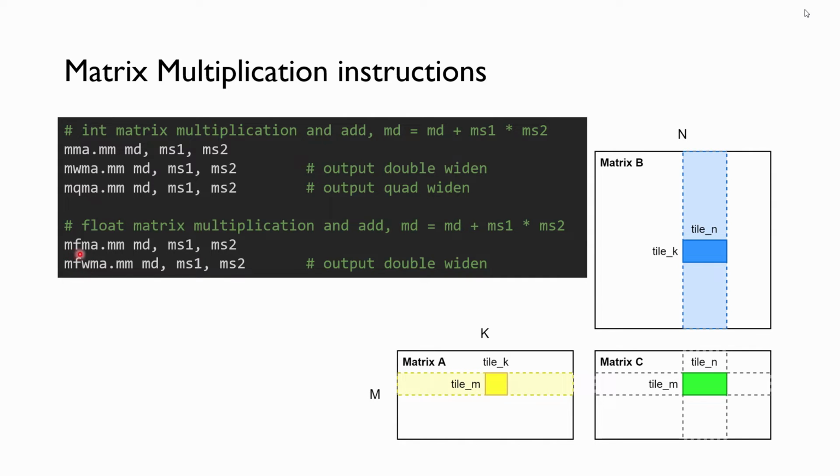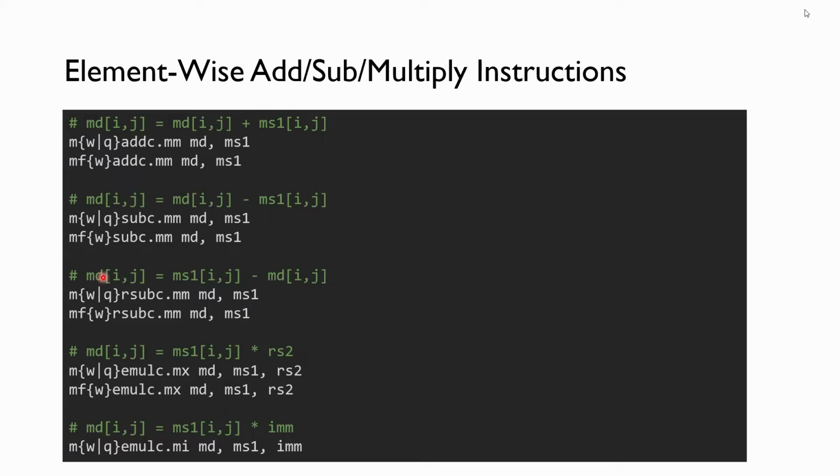And FMA and FWMA represent floating point matrix multiplications. The other kind of arithmetic instructions is element-wise instructions, including matrix-matrix additions, matrix subtractions, and element-wise multiplications.